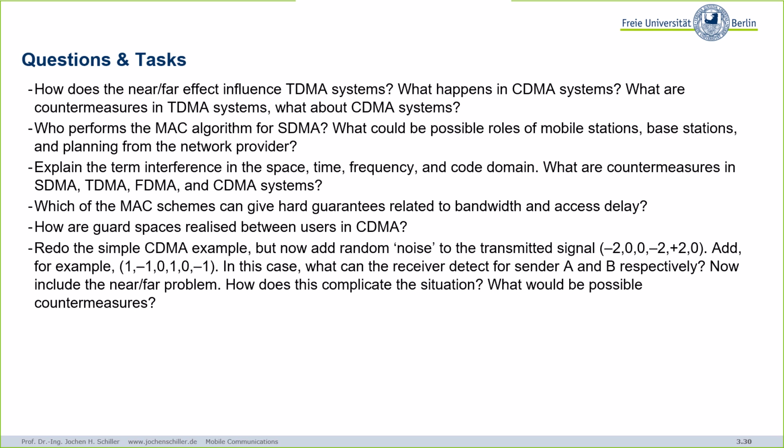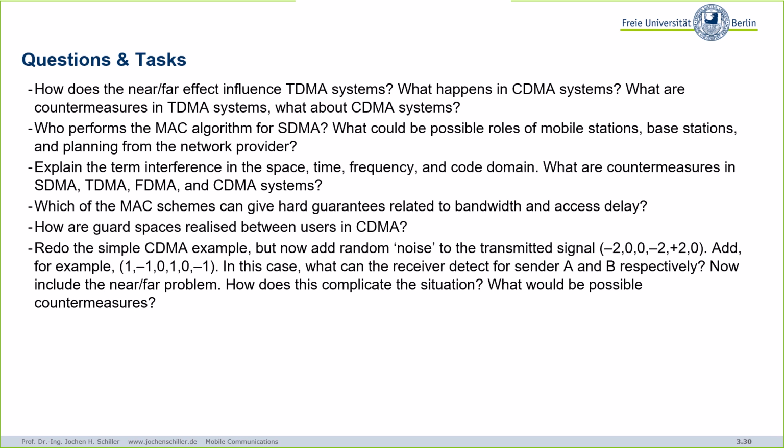Different answers possible. So CDMA is one answer. FDMA, TDMA is another answer. Okay, let's go through those three. So for CDMA, to give hard guarantees, it is possible but difficult. That means you have to keep out other senders because you do not know how much noise they actually generate.